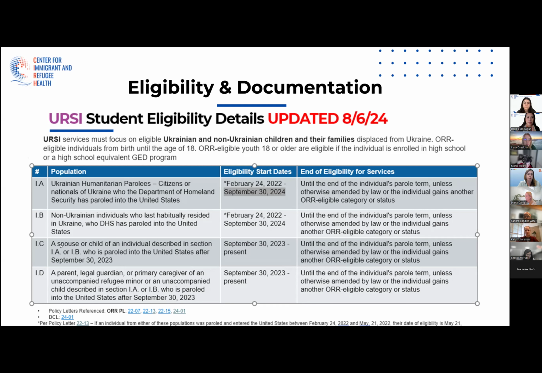The third category is a spouse or child of an individual described in the first and second sections who came after September 2023. They might be eligible for this program if they find a connection with these two groups. The same goes for parents and legal guardians or primary caregivers: they can receive benefits if they reconnect with these first two categories.